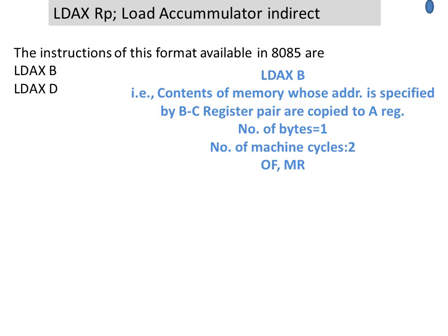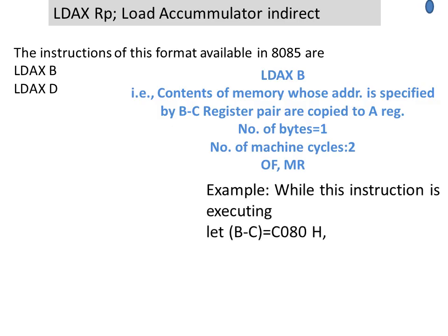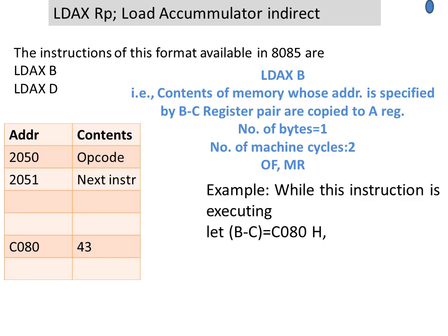The number of machine cycles is 2. Say suppose while this instruction is being executed, the BC register pair contains C080. Naturally, the contents of C080 will be copied into the accumulator. After execution, therefore, the accumulator contains 42.